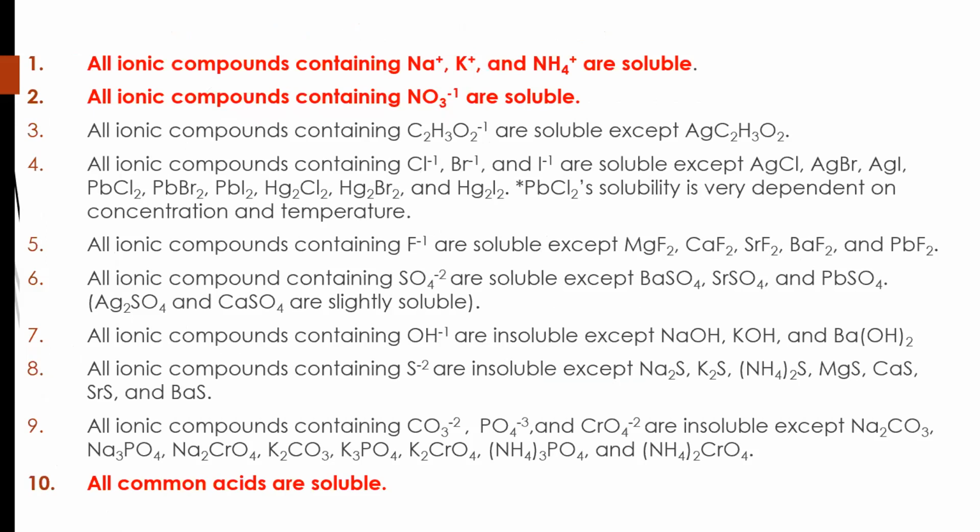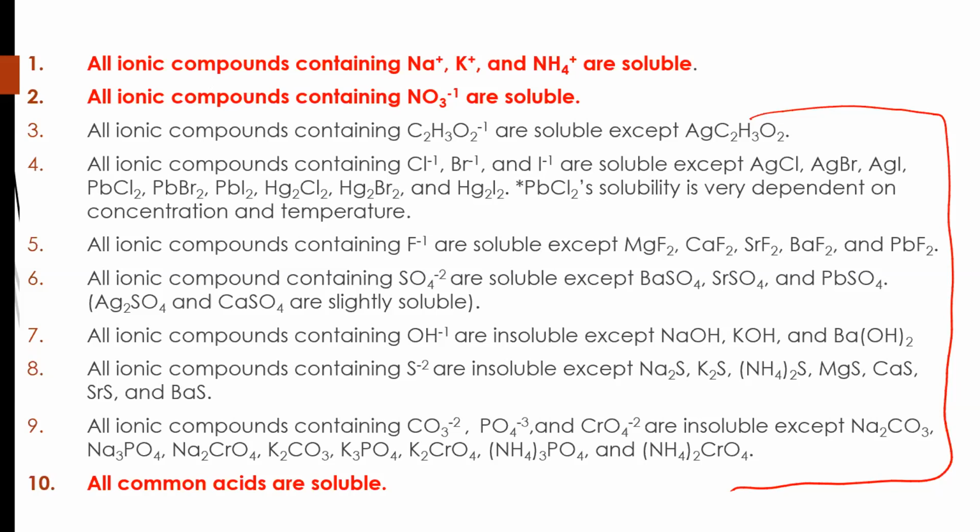Now, they're in your book, but I've also gone ahead and written them here. Our solubility rules, all of the ones that aren't in red, are on your equation sheet, so I will provide them for you. The reason is that these have different caveats to them. For example, an ionic compound that has an acetate ion is soluble except if it's with silver. So they have all these exceptions, and I don't think it's worth it to make you memorize all the ones with exceptions.